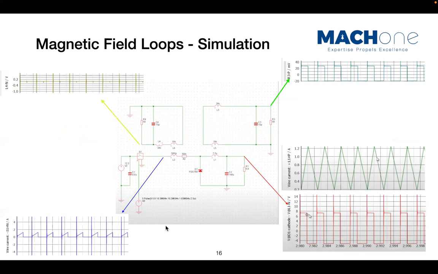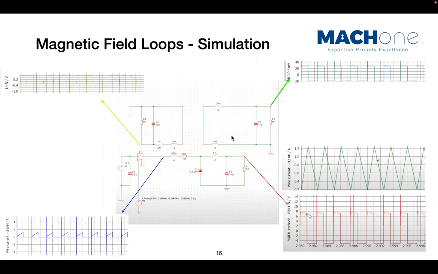Again, we do some very simple simulation just to give you an idea. This is the buck converter simulation we did, matching results with the Texas Instruments PCB. What we're trying to demonstrate here is that this is the position of a magnetic field loop. This is another position of the magnetic field loop.